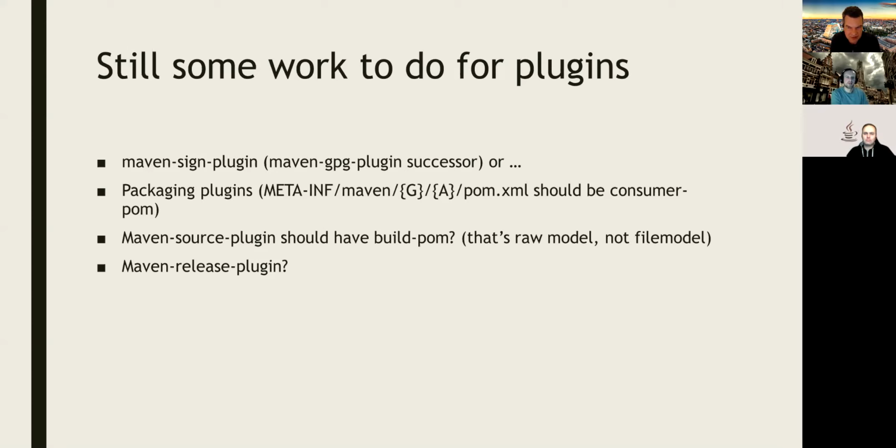So it would definitely make sense to make it optional to upload them both. Yes, but I agree that the consumer POM would definitely be the one to always upload. And of course, we still have the Maven release plugin, which needs to update the POM file as well. So these are at least plugins I am aware of that should be changed, and maybe there are more.